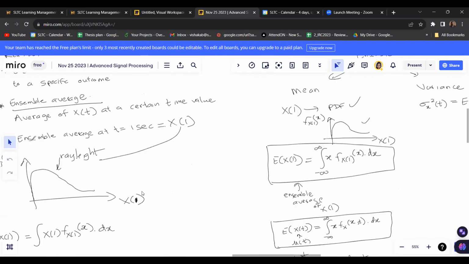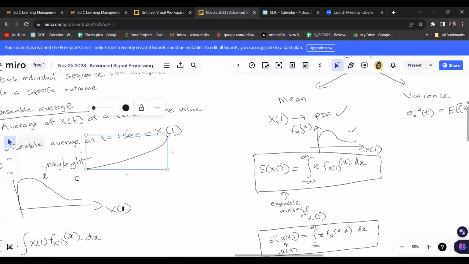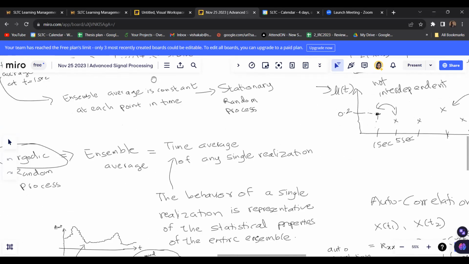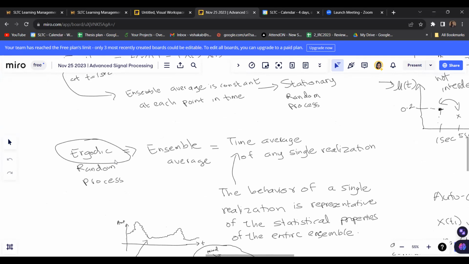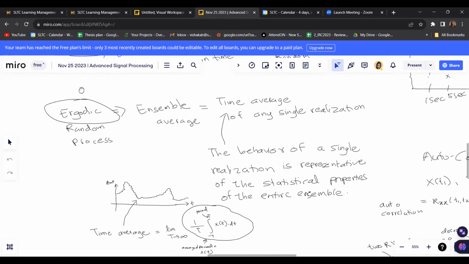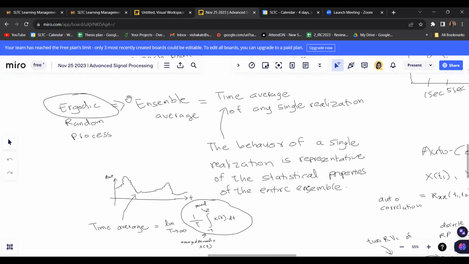Another thing we noticed was another process called the ergodic process. In the ergodic process, the ensemble average will be equal to the time average of any single realization. So the average that we observe as the ensemble average will be equal to the time average that we can calculate for any realization, where we consider the average over time.